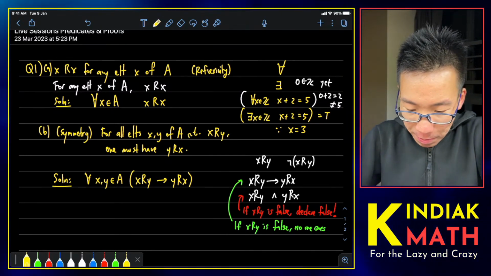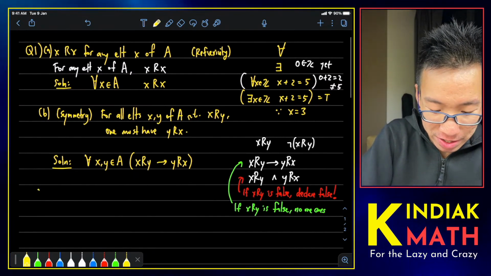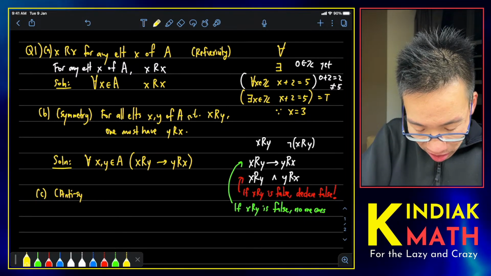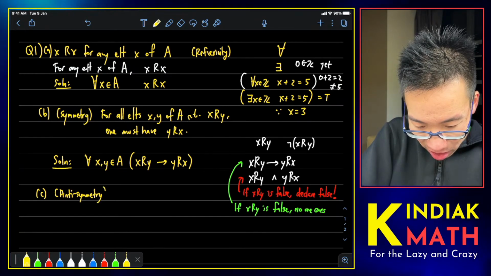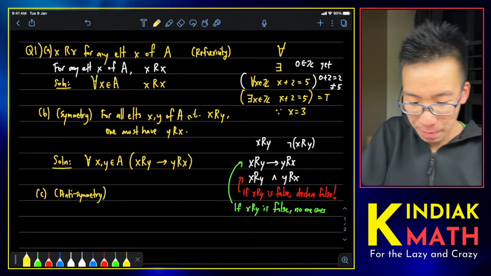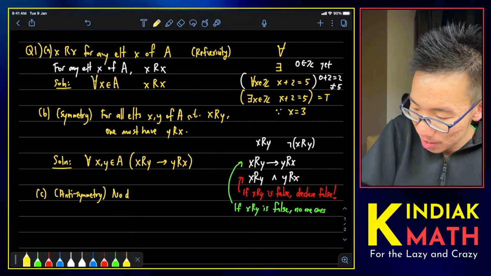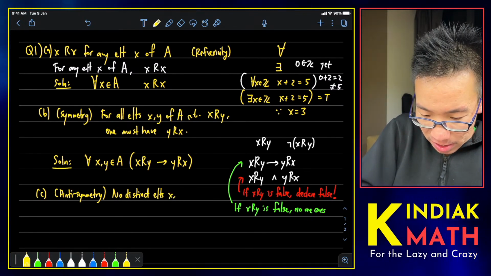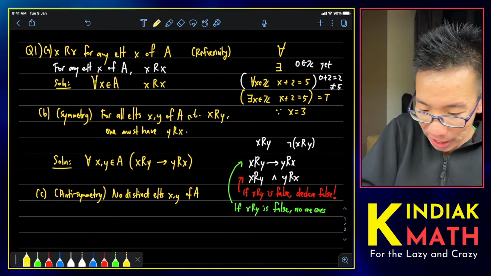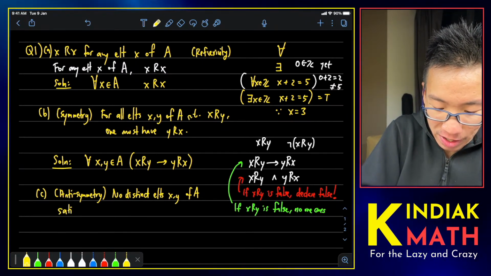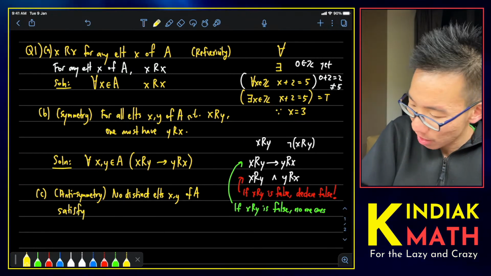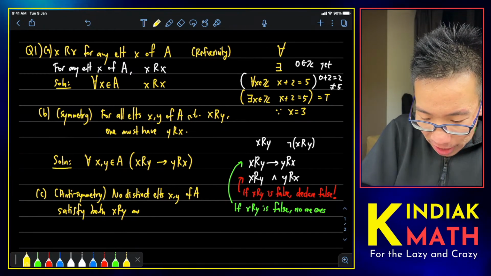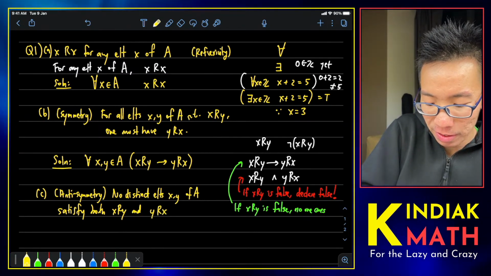So that's our solution. And finally, for part C, we have this concept called anti-symmetry. And it says this: no distinct elements x, y of A satisfy both xRy and yRx.